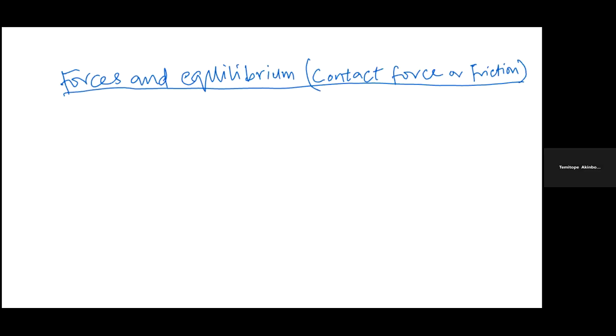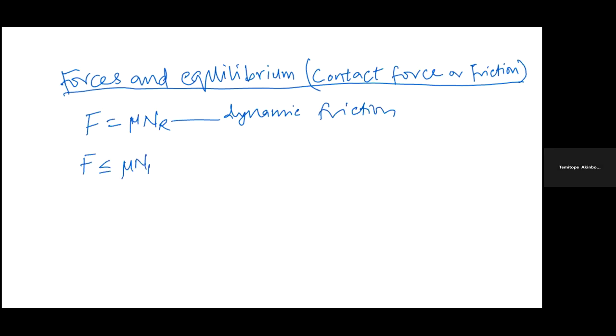And basically, you can distinguish them by this expression. F equals mu NR: dynamic friction. F less than or equal to mu NR: static friction.